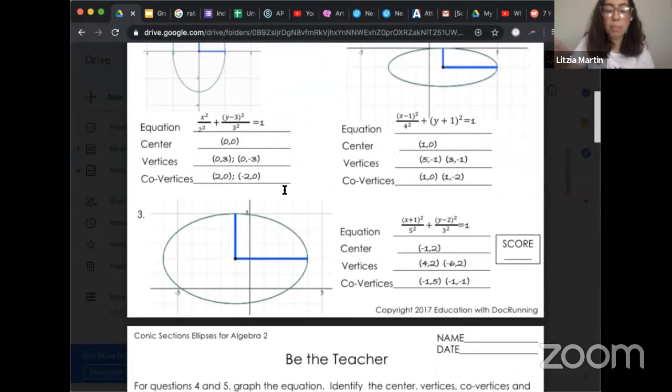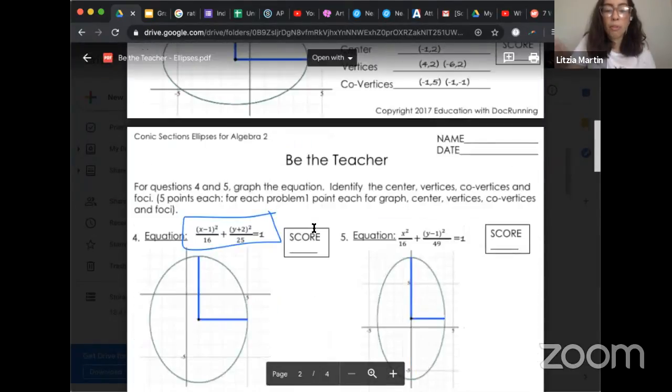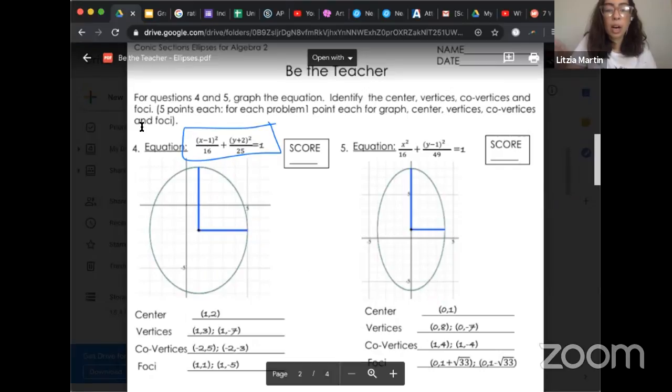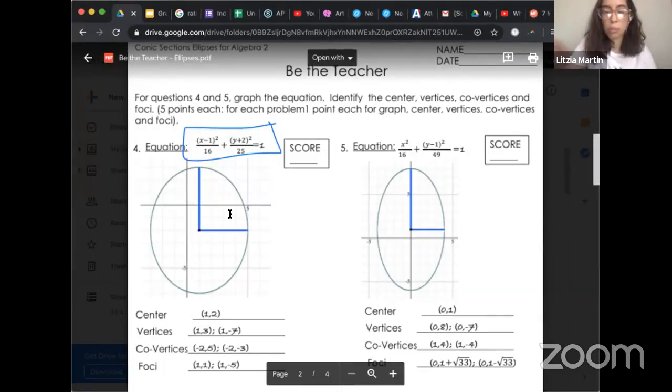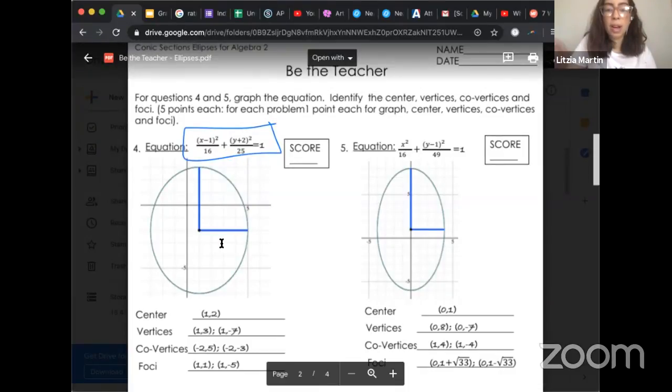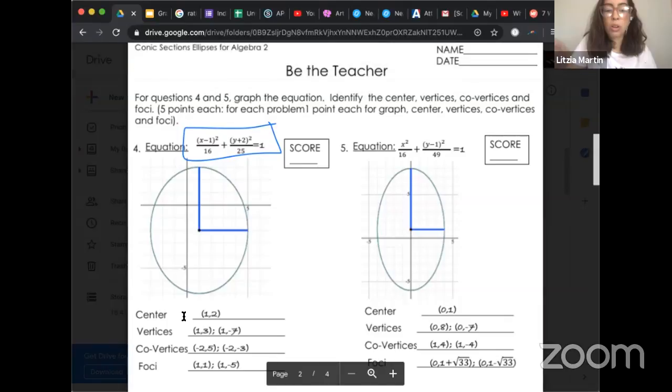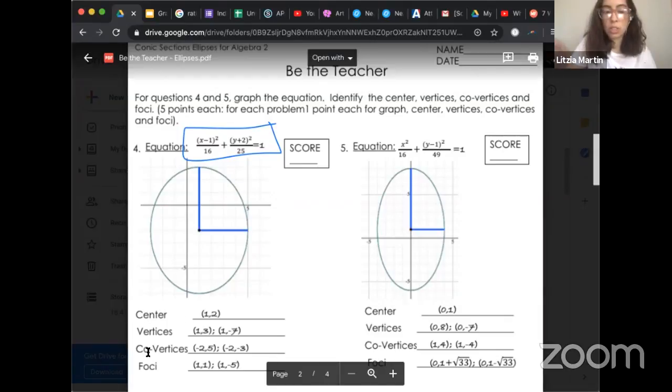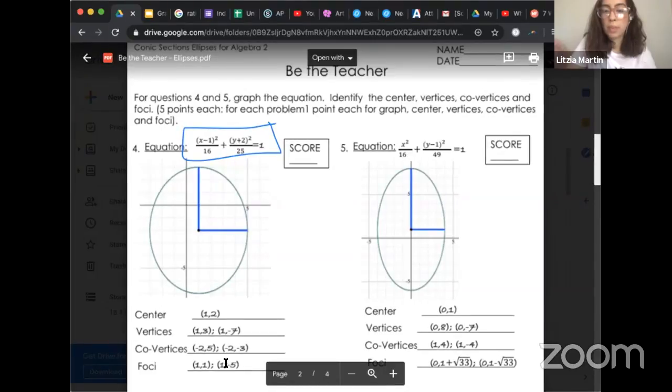Number 3 is the same. Number 4, we are given the equation and we are supposed to graph the equation, or that's what the student was supposed to do. So you're going to check that the graph is correct. You're going to also check that each of these is correct: center, vertices, co-vertices, and foci.